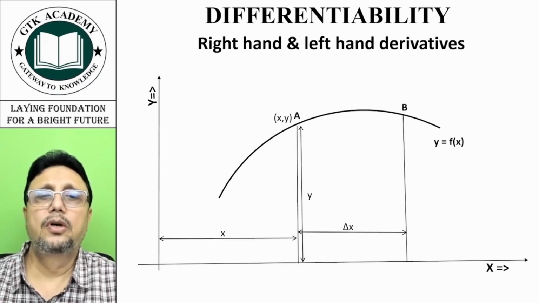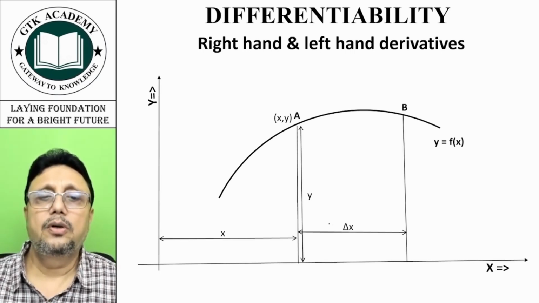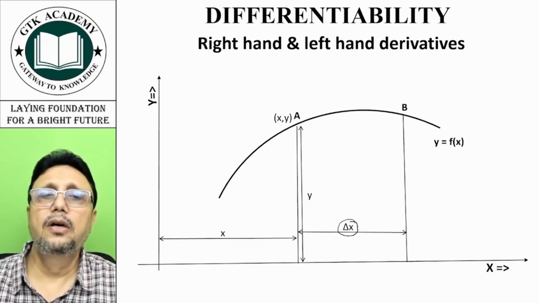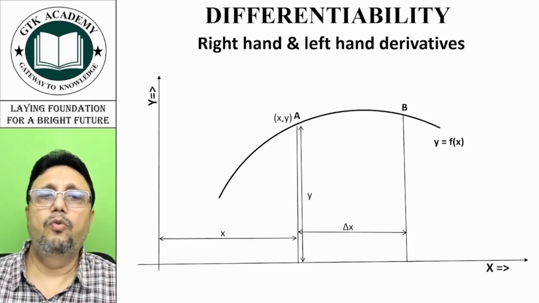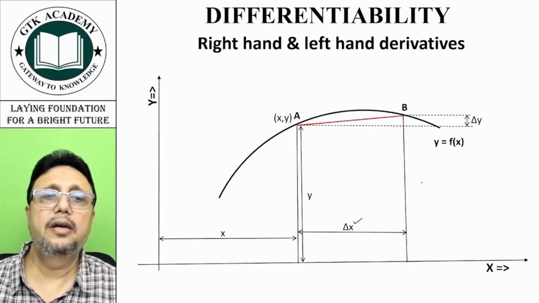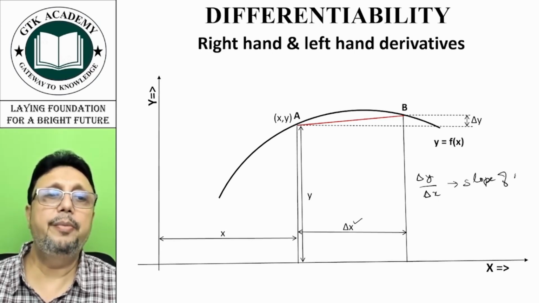This is just to show you. Delta x is very small. Now with a small change in delta x, there is a change in y, which is delta y. We just join AB. Now delta y upon delta x is the slope of AB.